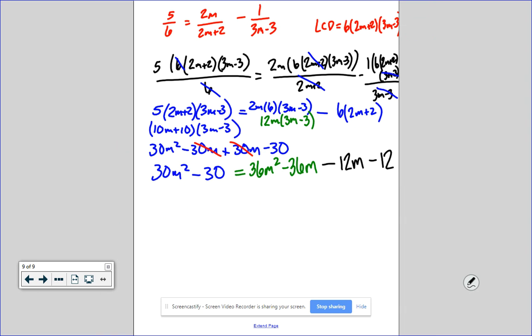Now I'm going to simplify first and then move everything to one side. So, left side is good. Right side, 36m squared is by itself. Negative 36m minus 12 is negative 48m. And then the minus 12.